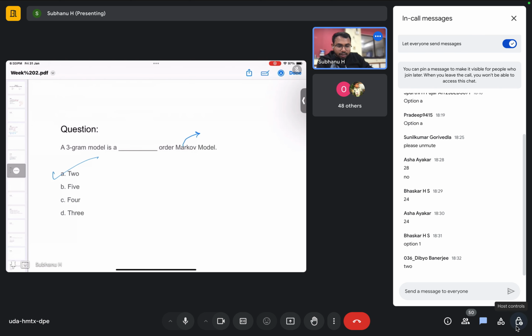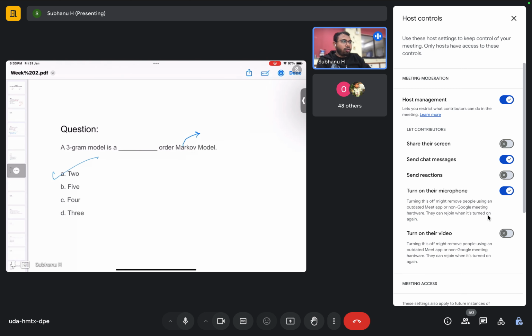Is there anyone who doesn't know what the Markov assumption says? Anyone can unmute yourself and say what it is. I am just curious about the Markov assumption, not the Markov model.